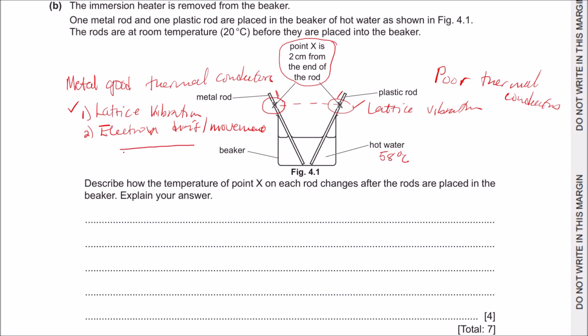We know that a metal is a lattice of positive ions in a sea of delocalized electrons. So when these electrons move, they heat up. As they are moving, they bump into the lattice of the atoms, which transfers heat at the point of collision.